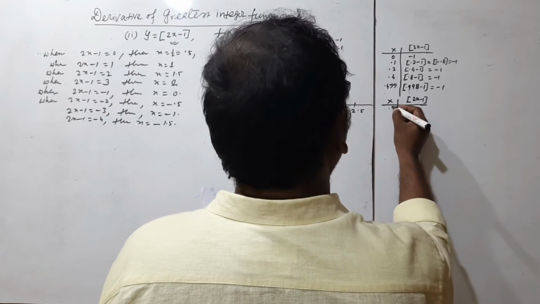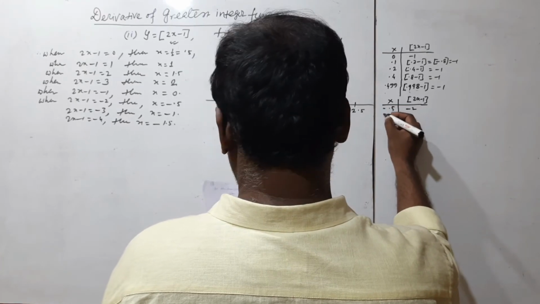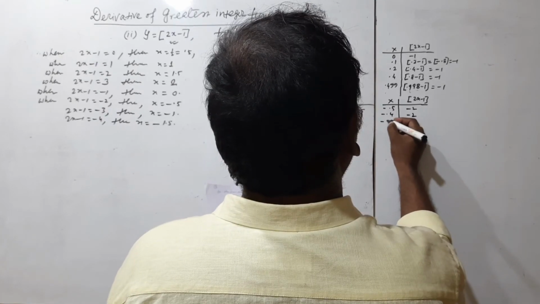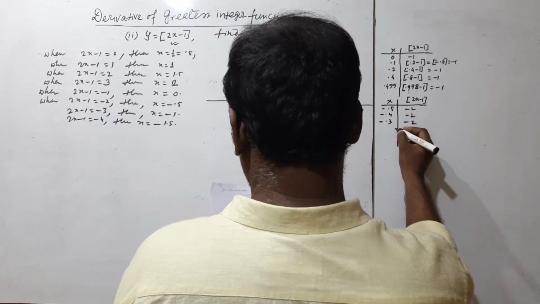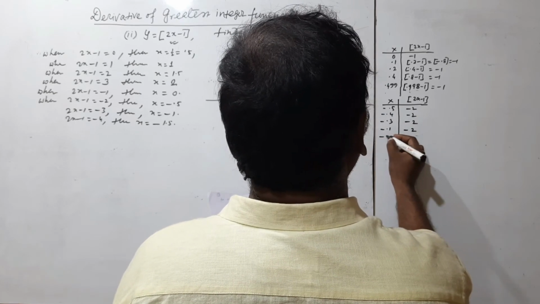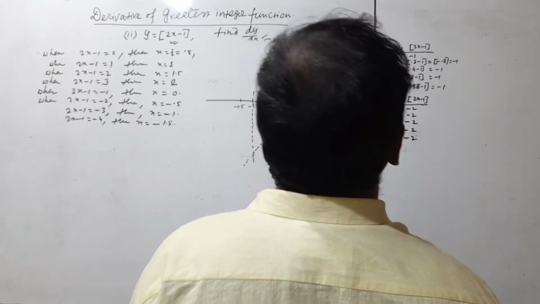If we take 0.5, then we got minus 2. If we take minus 0.4, then we got again minus 2. If we take minus 0.3, then we get minus 2. If we take minus 0.1, then we get minus 2. If we take 0.001, then we get minus 2.